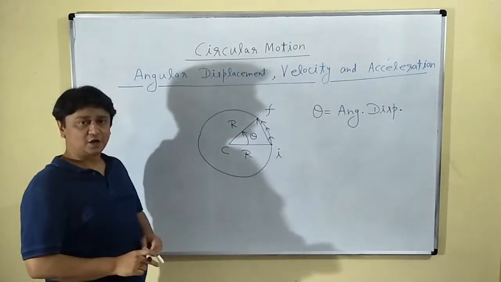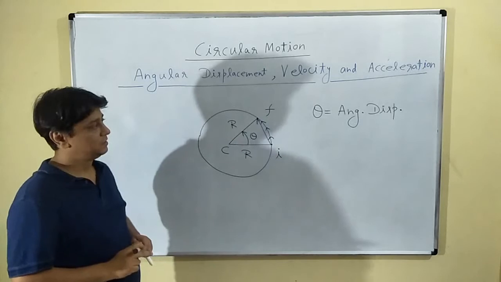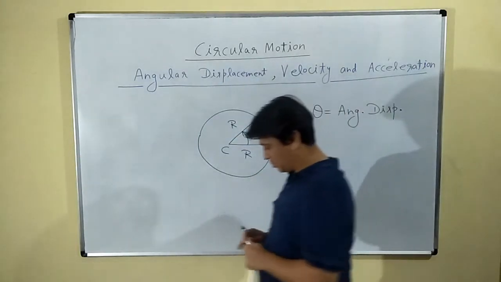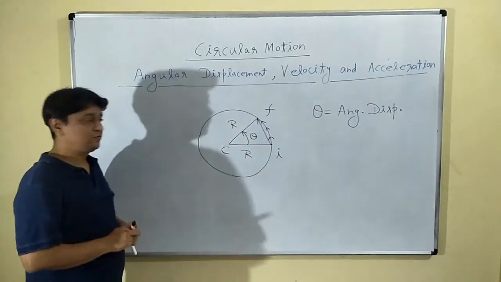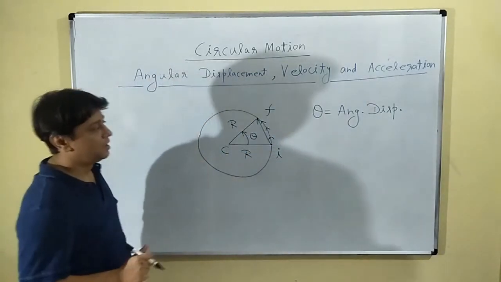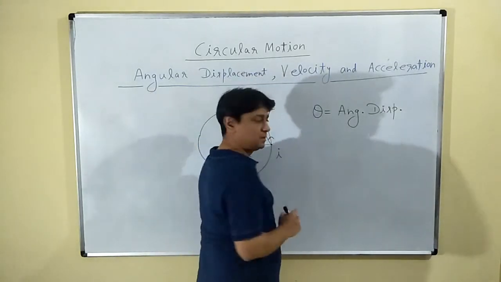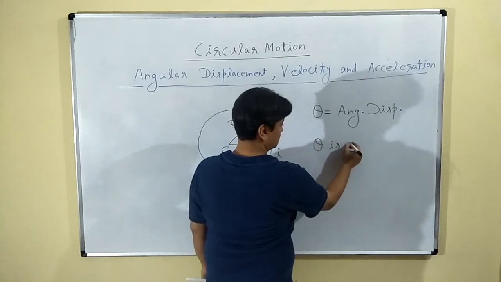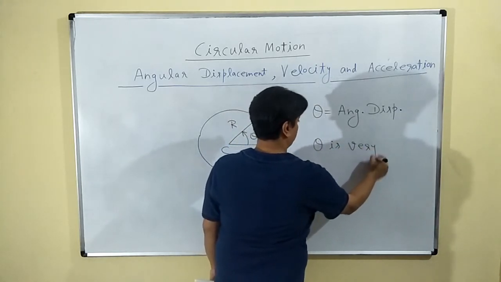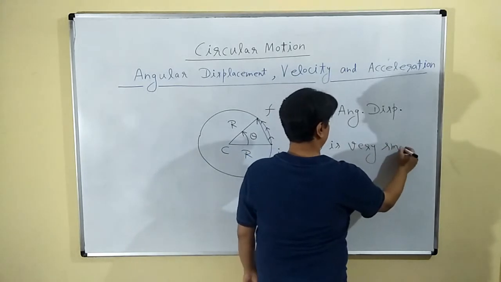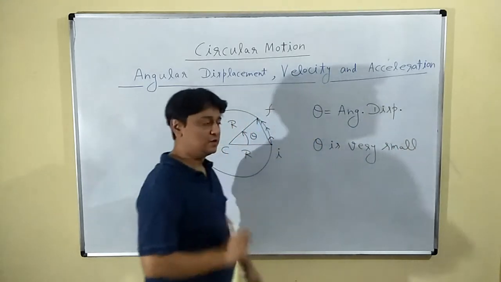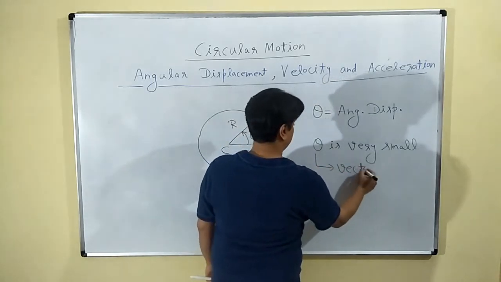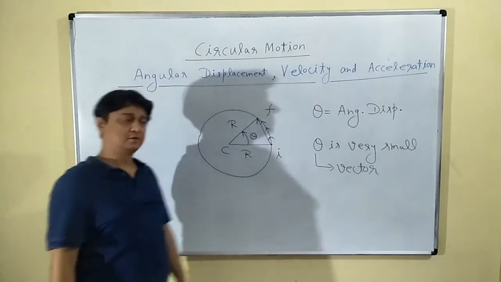Now, this angular displacement theta is not always a vector because it doesn't follow the triangle law of vector addition. But if this theta is very small, then this theta behaves as a vector.